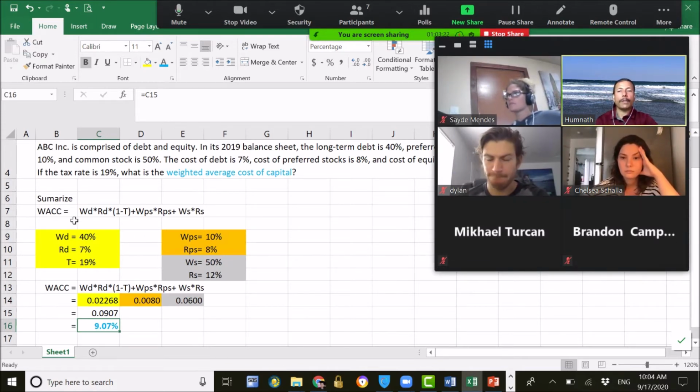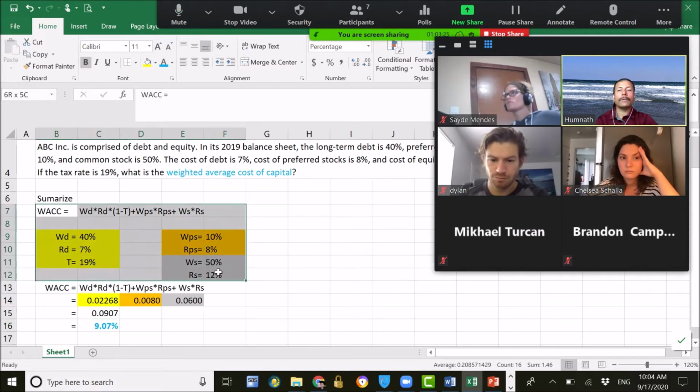You know, when you set up a problem like this, it's going to be so easy. Concept, because you already know that. There is a cost to borrow money, cost per debt holder. If you are buying debt, you have to get yield to maturity. That's the cost of debt.